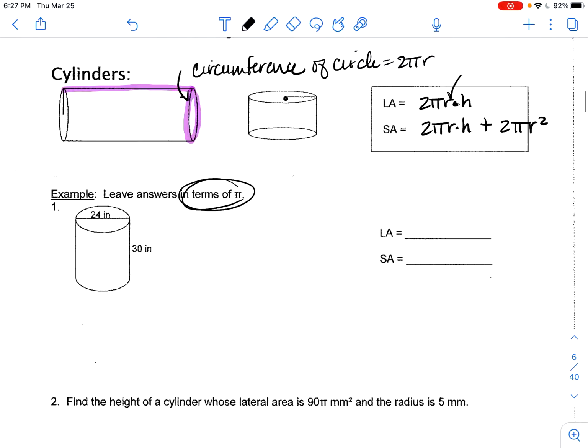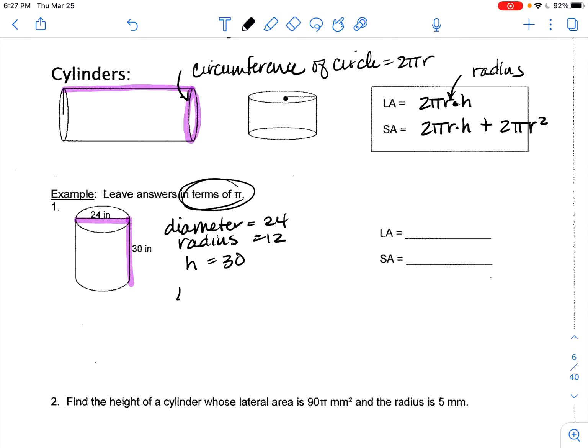Oh, and also, by the way, r stands for radius. The reason I mention that is because you're given the diameter in this case. So we know that the diameter is 24, the radius is going to be 12. Of course we can see that the height is this vertical, and that's 30.